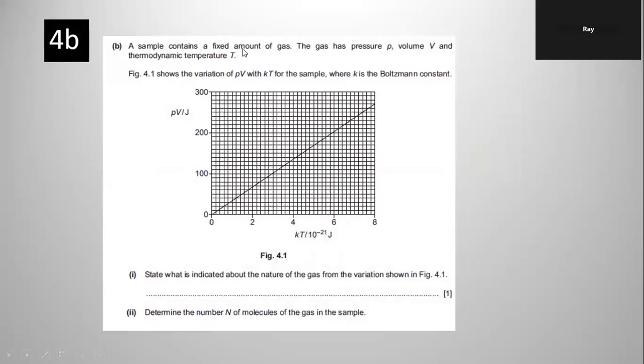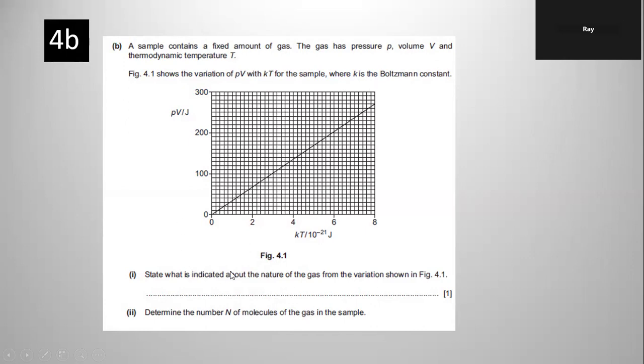A sample contains a fixed amount of gas. The gas has a pressure P and volume V. That's your PV against kT graph. Figure 4.1 shows a variation of PV with kT for the sample, where k is the Boltzmann constant.